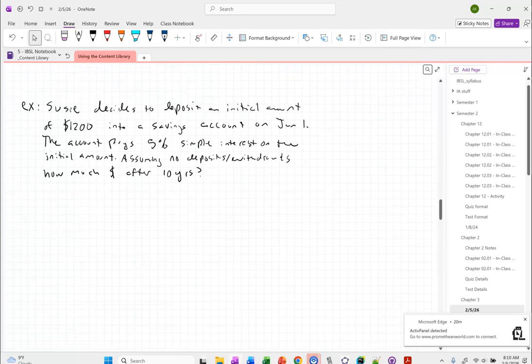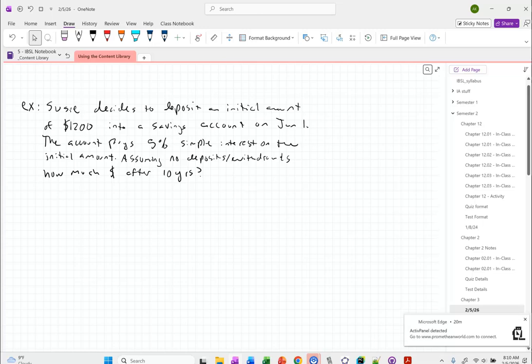All right. Again, we can apply these to real-world situations and use them to solve story problems. So here we're told Susie decides to deposit an initial amount of $1,200 into a savings account on June 1st. The account pays 5% simple interest on the initial amount.